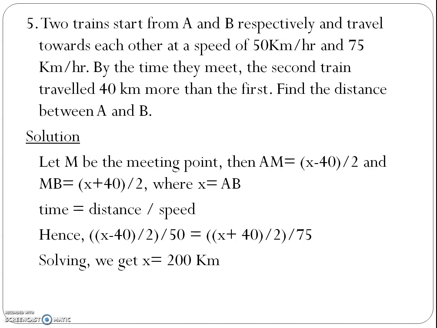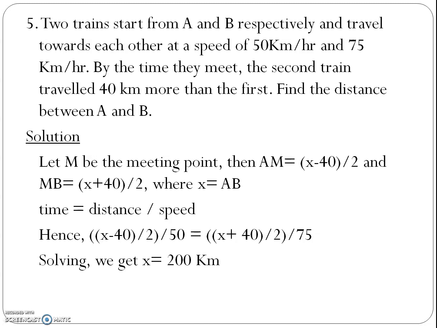Starting from A, at the meeting point, the time taken will be equal to (x minus 40) divided by 2 divided by the speed. Time equal to distance by speed. So (x minus 40) by 2 divided by 50. In the same way, starting from the point B, at the meeting point, the same time is attained.